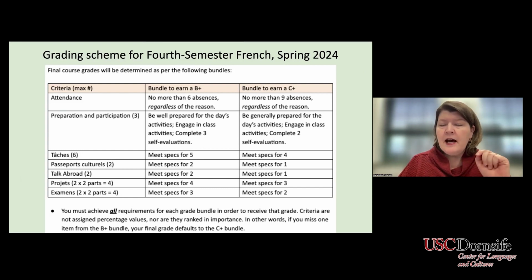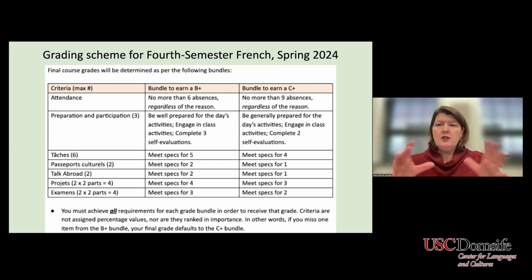This 3rd line, these are the real world activities I've created. And then cultural activities, etc. And you'll see that the first bullet point stresses to them that there are no percentages that they're used to, for example, that one thing is weighted more than the other, and that they must do everything in the column, and if they miss something, it defaults to the lower column.